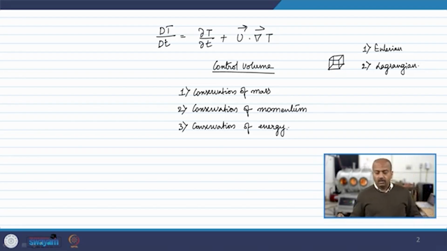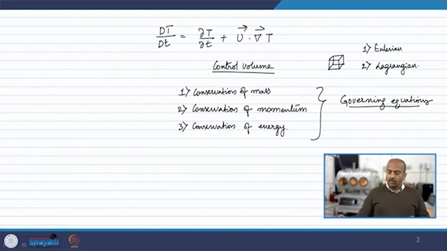These three different conservations will give us the entire governing equations. So, this is a very important topic in plasma physics. So, the Lagrangian derivative is this d by dt and the Eulerian derivative can be.